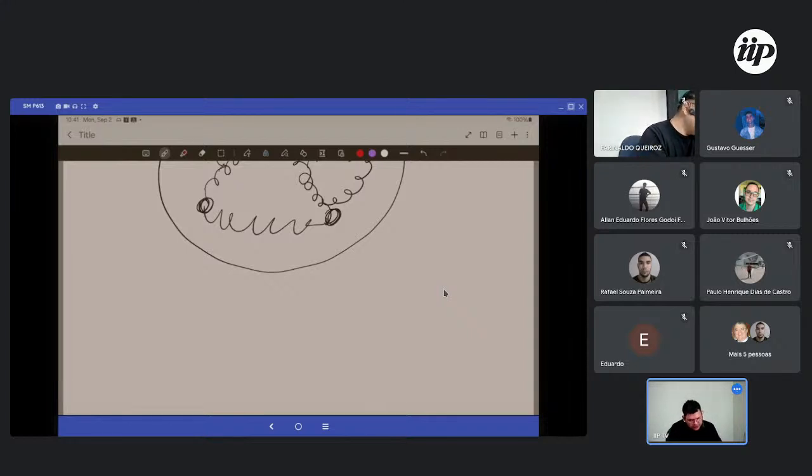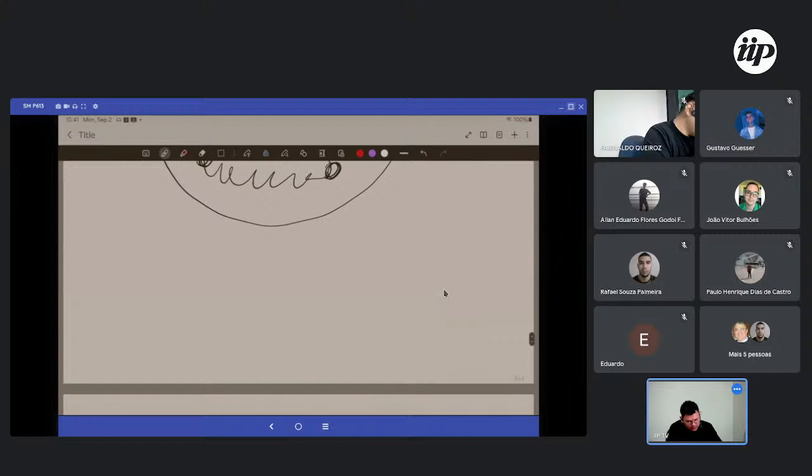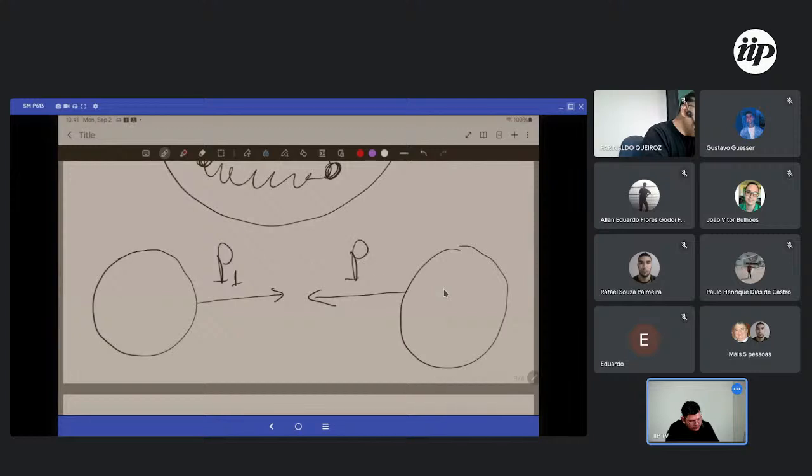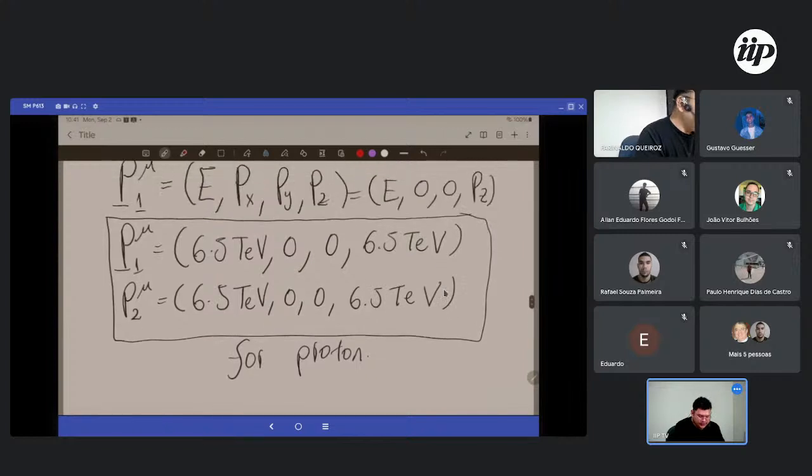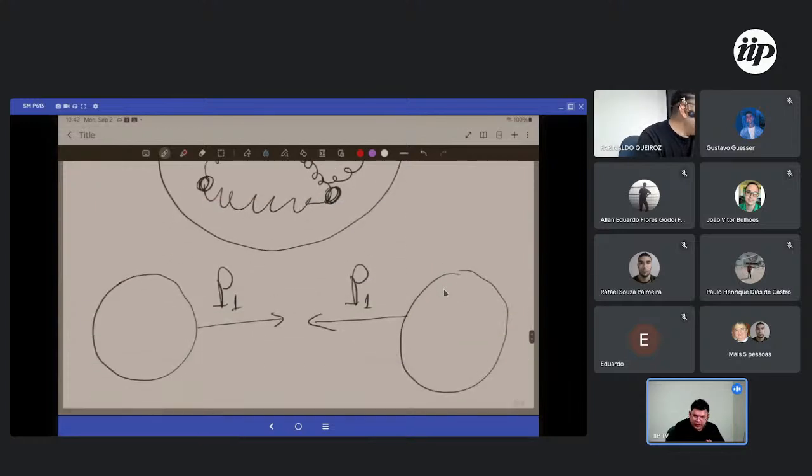imagine the collision between two protons, a proton here and a proton here. We have the momenta of the protons, P1 and P2, that are the four-momenta. So we have the momenta that are perfectly in the z direction, but we have quarks here, and the momentum of the quarks is random, right?